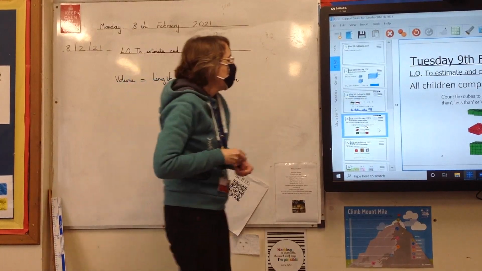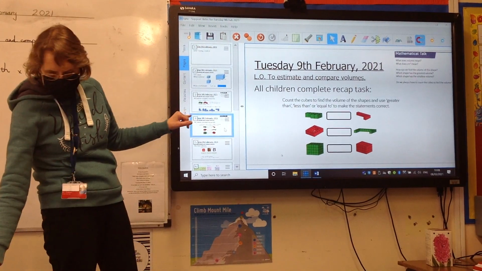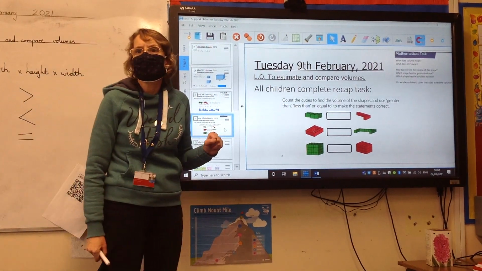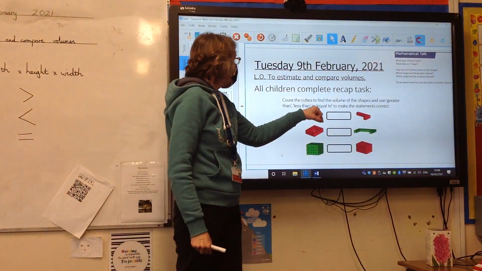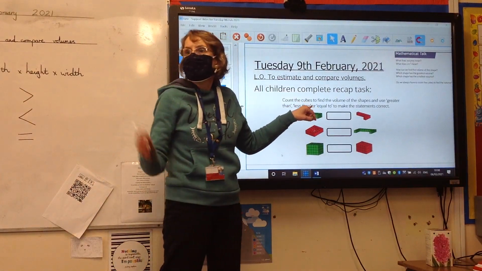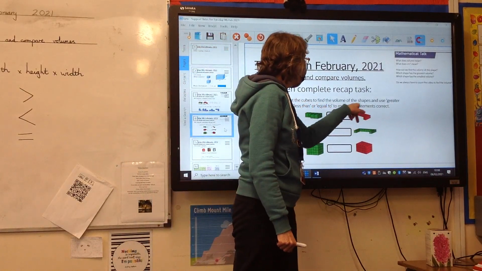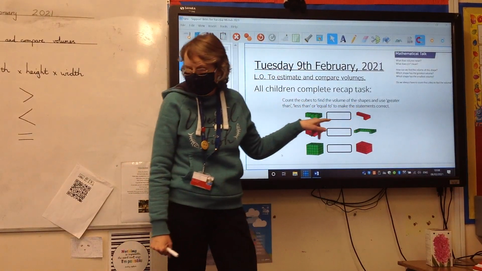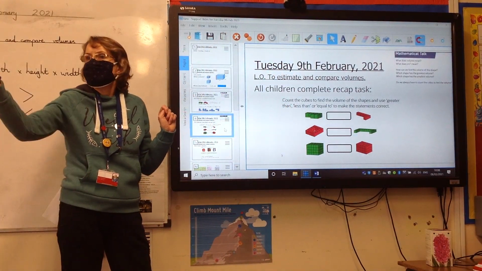So, what do we think the volume is for the green shape? Look and count. 6 centimetres cubed. Good. What about the pink or red one? 8.